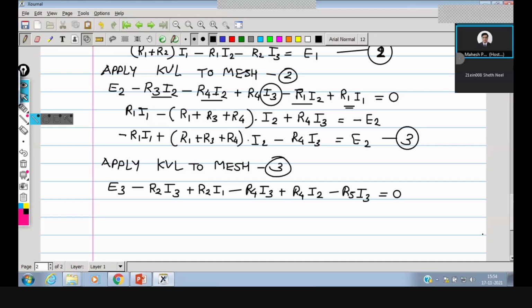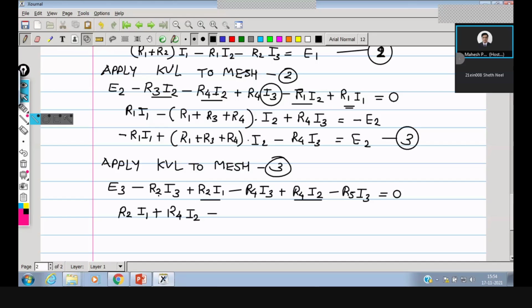Is it okay? Yes, sir. I think that is very simple to understand. Fine. So you are able to write the KVL for different meshes in any kind of example if it is asked. Now rearranging the terms, first of all, this is R2 I1. Similarly, for I2 it is plus R4 I2.